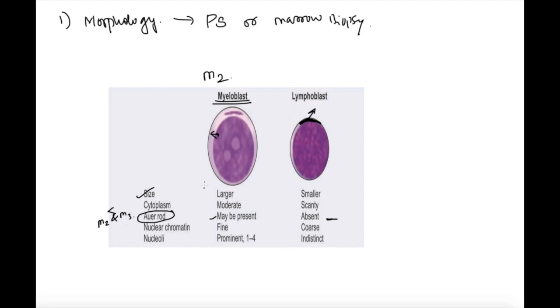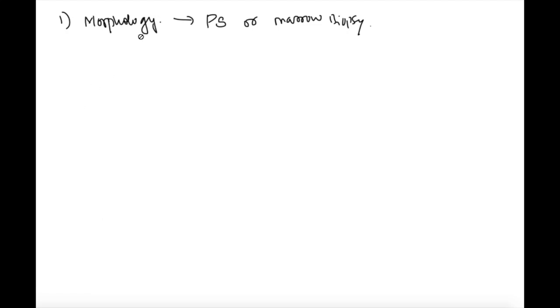Then nucleochromatin: this is finer and this is much coarser, and these are the nucleoli. Nucleoli are prominent in myeloblast. So these are the features by which we identify a myeloblast. Is that understood? These features are extremely important.